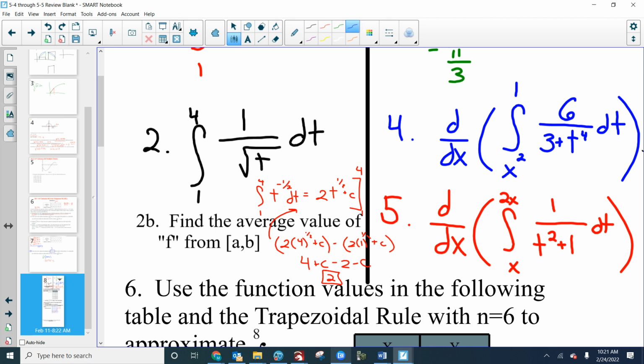Average value would be the same thing, but with a what out front? 1/b minus a. 1/4 minus 1. I already know what the integral part is. It was 2. 1/3 of 2 is 2/3.